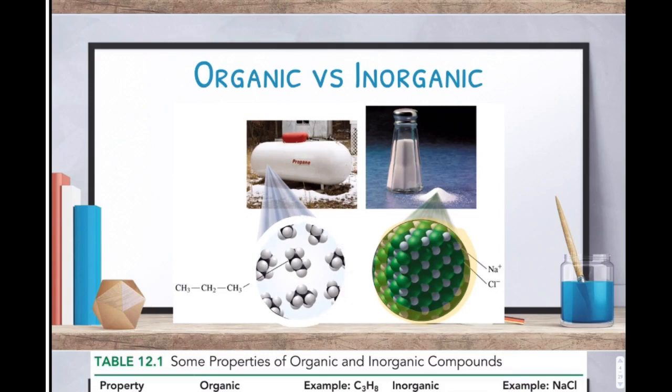Propane is going to be a molecule of 3 carbons and 8 hydrogens, and each molecule is its own individual particle, versus a formula unit, which is kind of like a big crystalline solid.